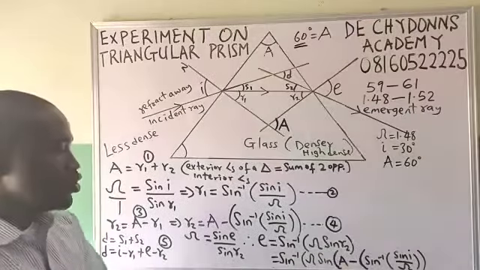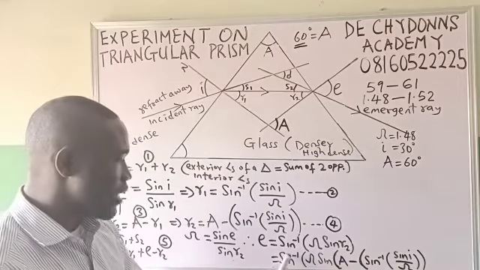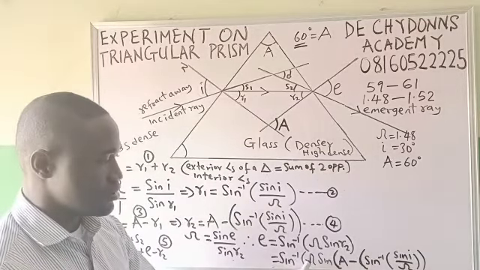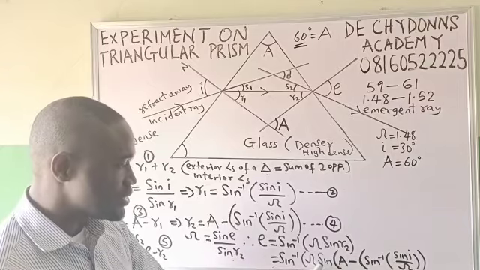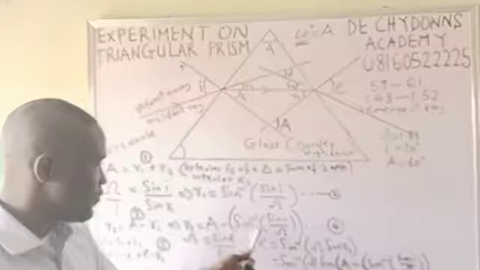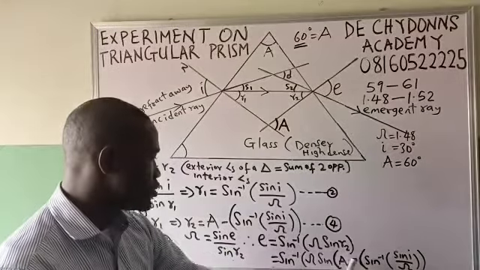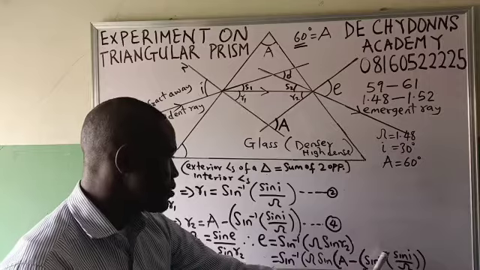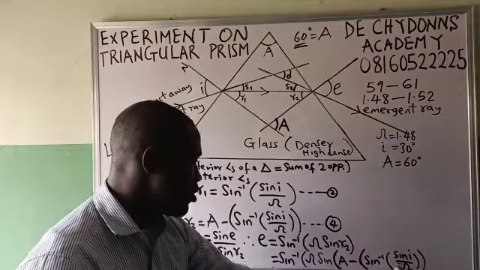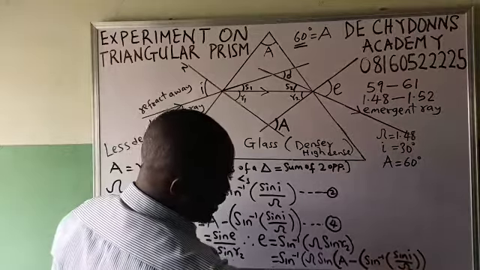Okay, so you now have this to be the formula. That is sine inverse bracket refractive index sine. Then replace your R2 with what you have in equation 4. That is A minus sine inverse bracket sine I over refractive index.